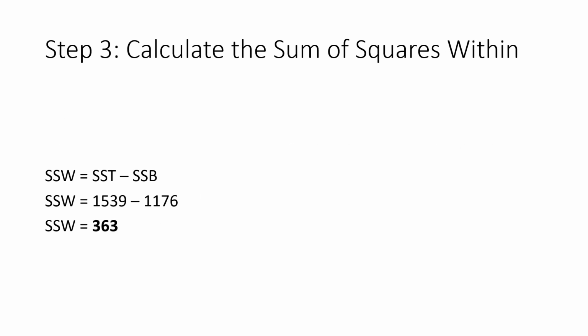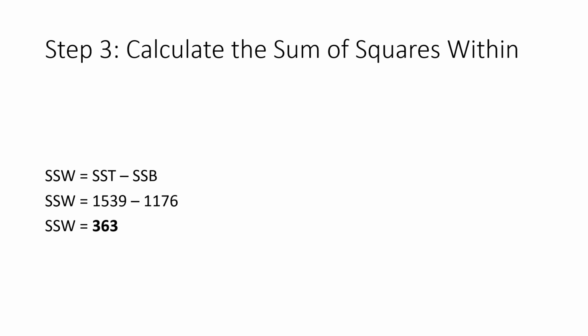Okay, the next thing we need to do is calculate what is referred to as the sum of squares within. Now, there is a complex way of calculating this, but using simple algebra, we can derive this number based on our knowledge of the sum of squares total and the sum of squares between, which we just calculated.